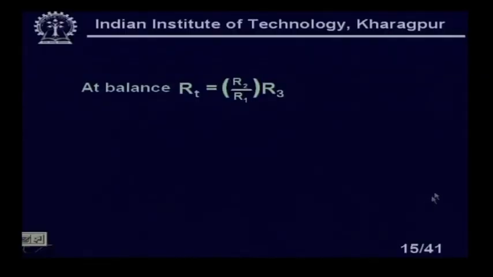And at balance, obviously, you know that RT equals R2 by R1 into R3. It is very simple, I should not draw it, as it is a basic Wheatstone bridge. Anyway, for the sake of completeness, I am drawing it.